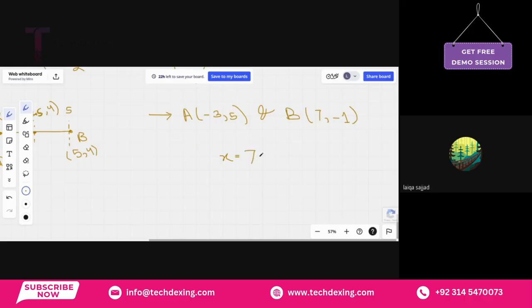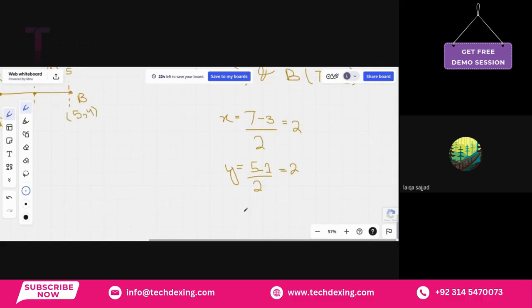So it will be 7 plus -3 divided by 2. It will give you 2. We do the same thing with the y coordinate: 5 minus 1, divided by 2, 4 by 2 will be again 2. So our midpoint will become (2, 2).